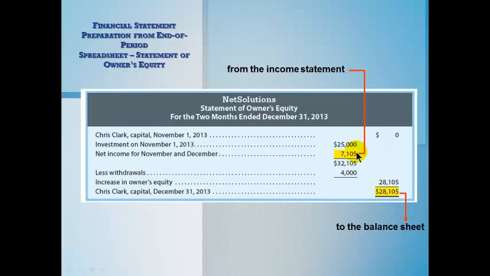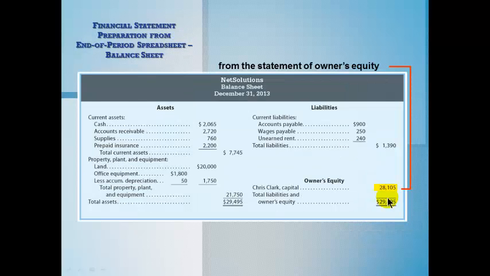And so you'll see that you're adding the 7,100, you're deducting the 4,000 to get to the ending balance of 28,105, and you'll see that then presented on the balance sheet as of the end of the year. And there's your 28,105. And of course, assets equals liabilities plus equity.